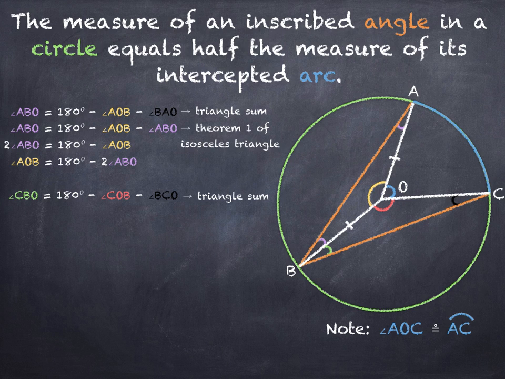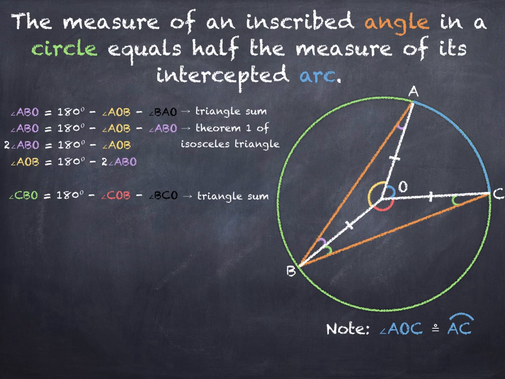Therefore, OB equals OC. Again, by our Theorem 1 of an isosceles triangle, we see that the two sides of our triangle are equal, therefore their opposite angles must be equal as well. So angle CBO must be equal to angle BCO.